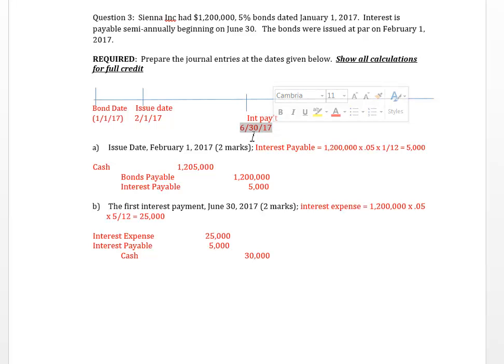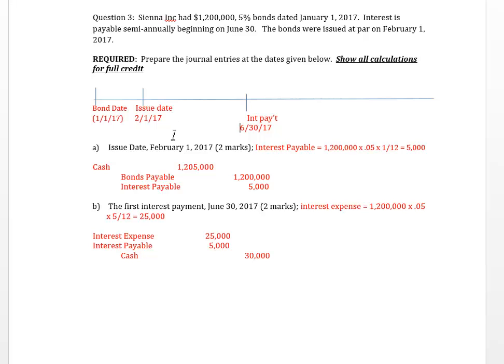The issue is that the investors are going to get paid by Sienna a full 6 months of interest. So the investors have to pay Sienna an extra amount for this 1 month, the month of January, from January 1st to February 1st, because they've only held the bond for 5 months from February to June, but they're going to get a full 6 months interest.